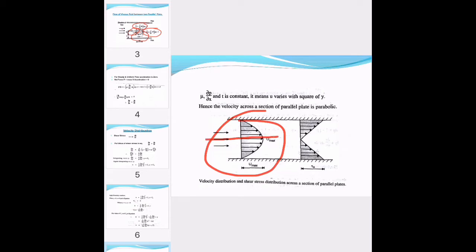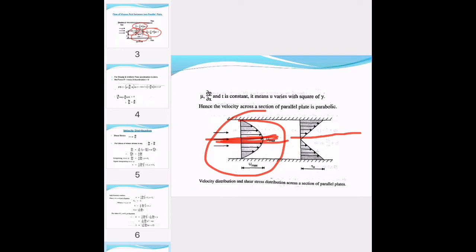In the velocity distribution diagram, you can see the maximum velocity occurs in the middle of the plate, isn't it? The maximum velocity along the flow direction occurs in the middle of the plate.